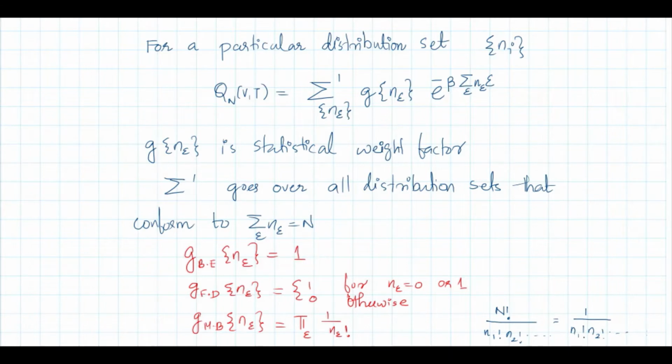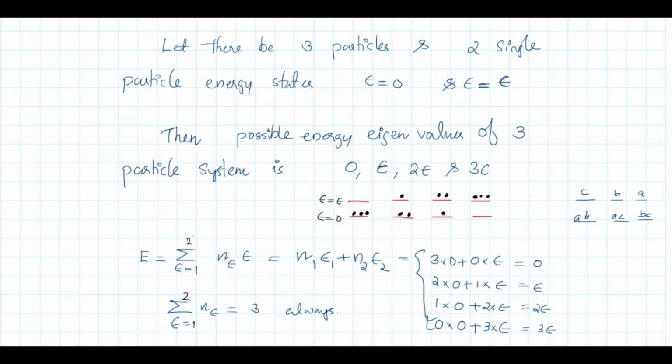So in the case of Bose-Einstein statistics, that is the particles which have symmetric wave function, the statistical weight function is 1. And for the Fermi-Dirac case, again the statistical weight function is 1, but that is only for number of particles 0 or 1. In the case of fermions, a single particle state can hold a maximum of one particle.